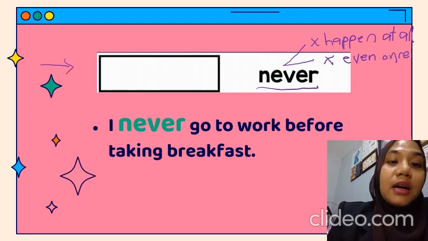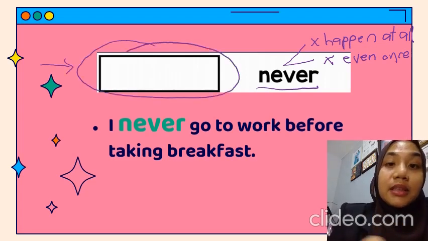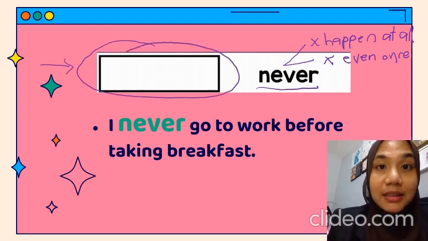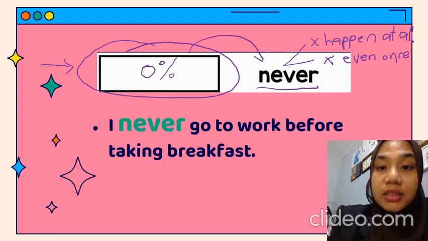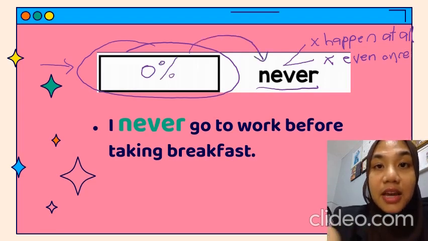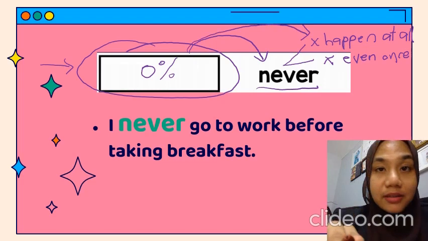Look at this bar, for example. It is empty. There is no red color in it. So, this means that this action never happens. It does not happen at all, not even once.